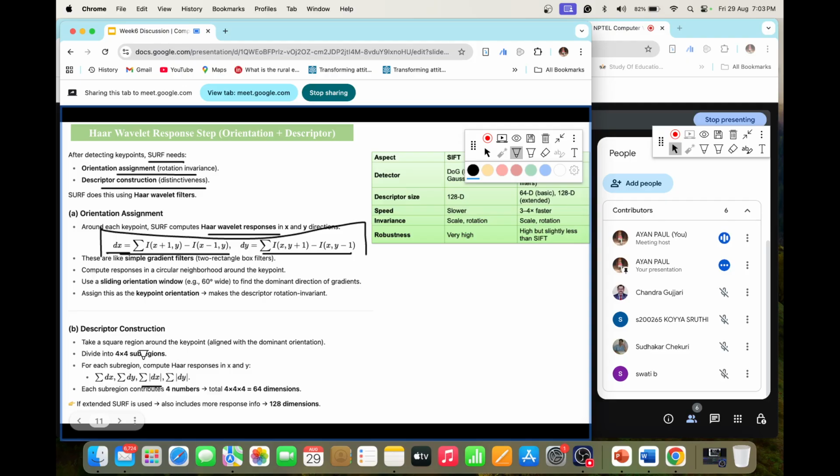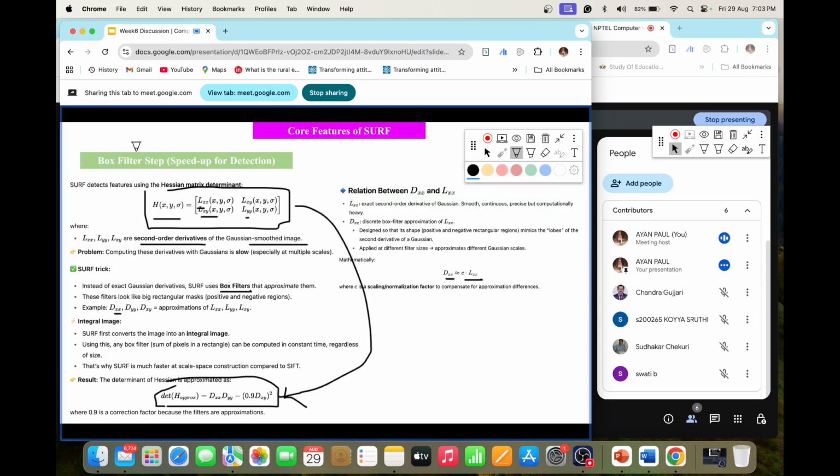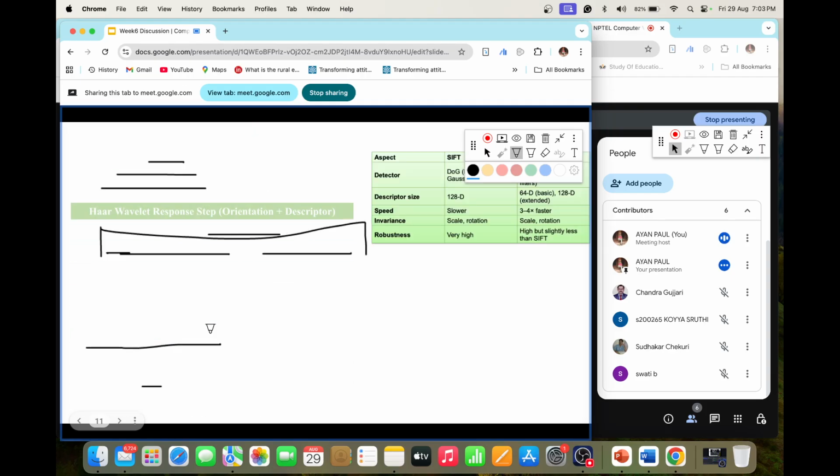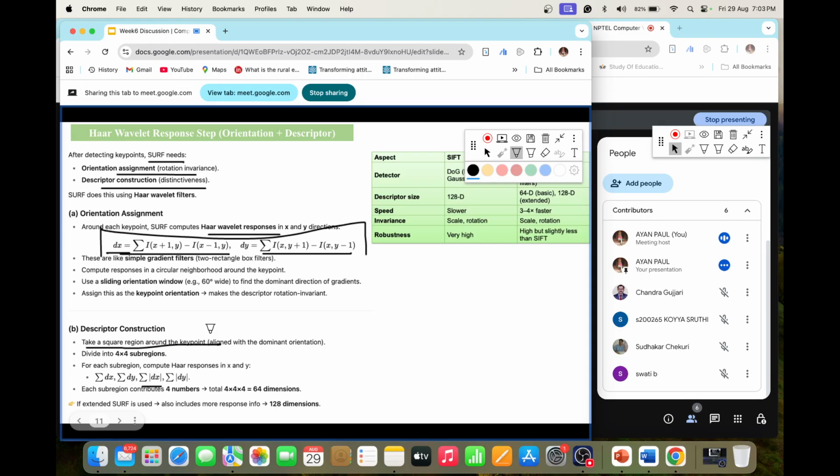Actually, what we do is take a square region around the key point. First we detect the key point. Detecting the key point is done by getting the Hessian matrix and doing the box filter of it. By this, we just found a feature point, that is the corner point or blob point, whatever the points. Then for descriptor construction, there is the orientation assignment we do by Haar wavelet response, that is to find del x and del y, or dx and dy.